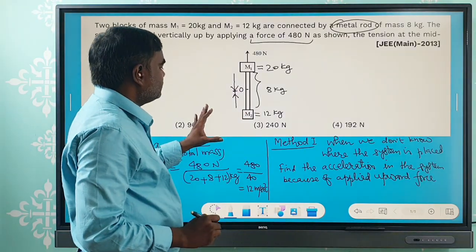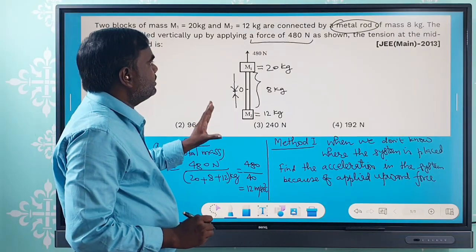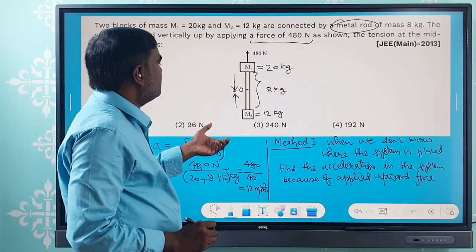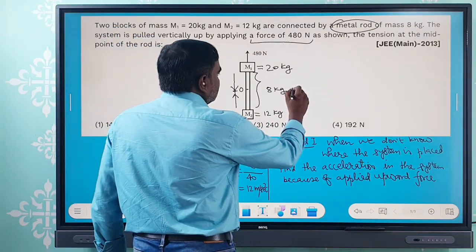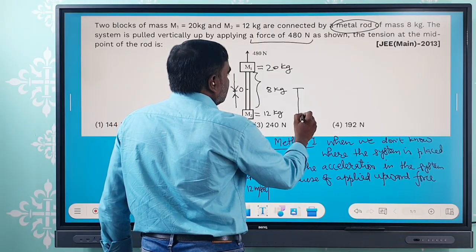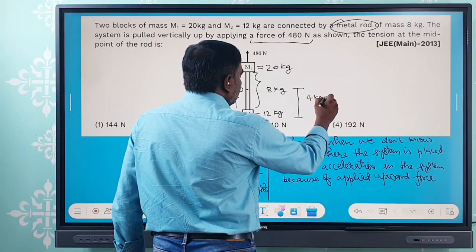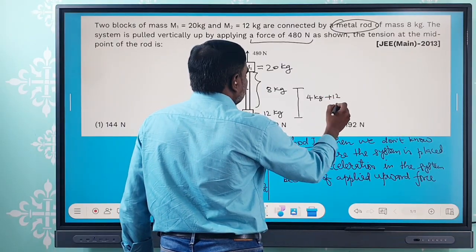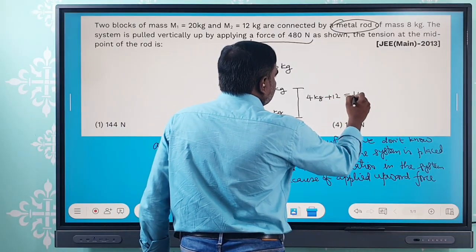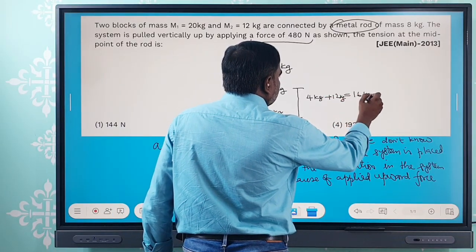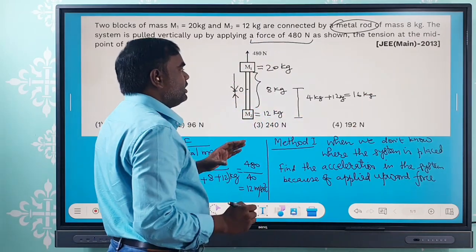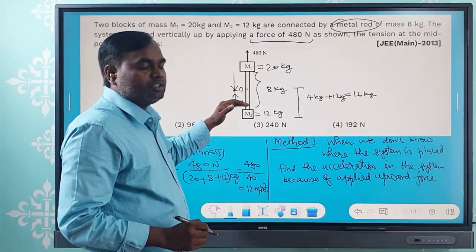So we can find the tension at the midpoint. Below the midpoint, the total mass is 4 kg of the rod plus 12 kg of mass m2, that is 16 kg.